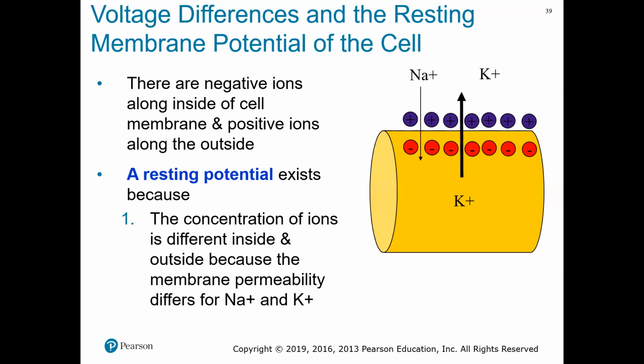They're a cation, just like sodium is, but there's fewer potassiums than there are sodiums. So there's a lot more positive charges outside than there are inside. So we say the inside of the cell is negative with respect to the outside. Take it at face value that the outside's positive, the inside's negative. And that creates what we call a resting membrane potential.